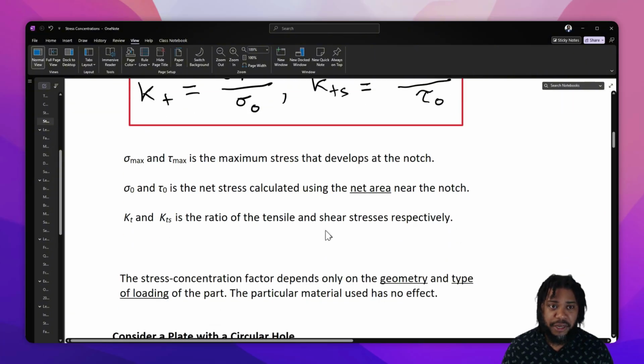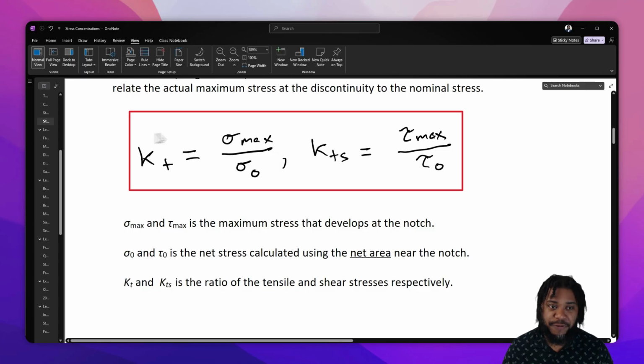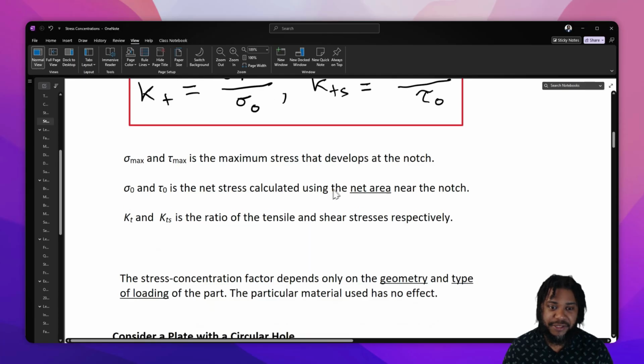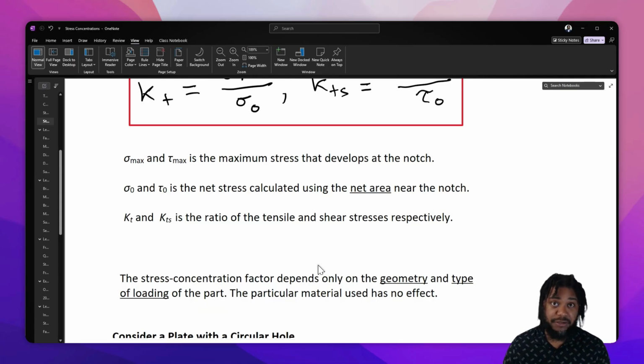What's important to note about these factors, K_t and K_ts, is that they depend only on the geometry and the type of loading applied to a part. The calculation of these K_t values comes strictly from the geometry and loading, and the particular material itself doesn't have an impact on the calculated K_t values that we find.